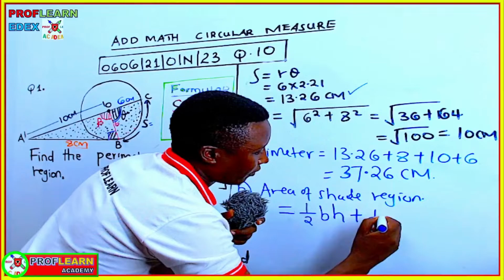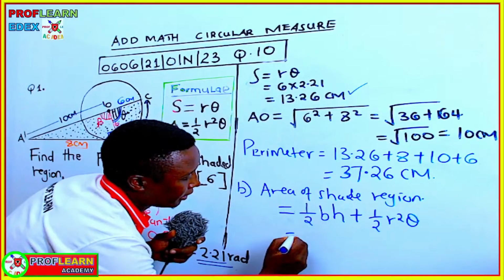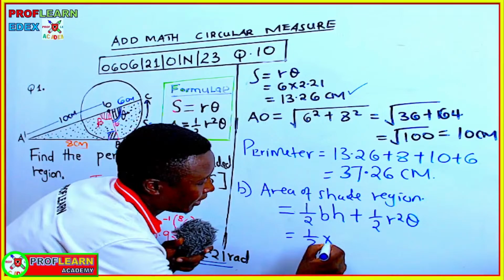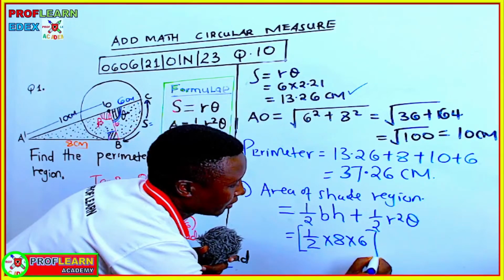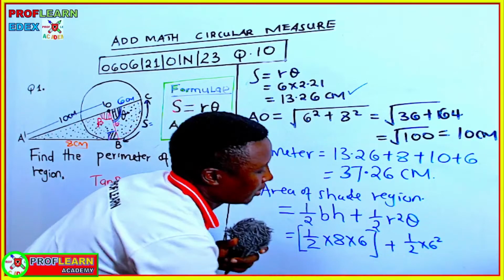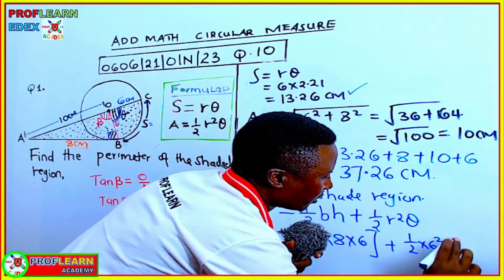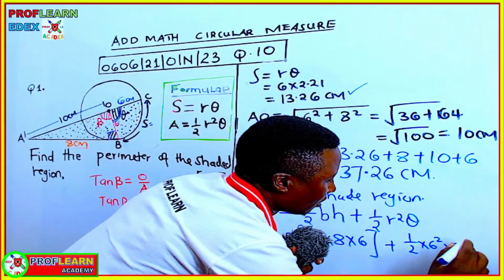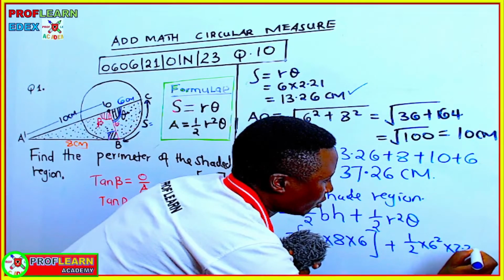I have half times 8 times 6. Then I'll add half times 6 squared, because the radius of this sector is 6, times the angle, which is 2.21.